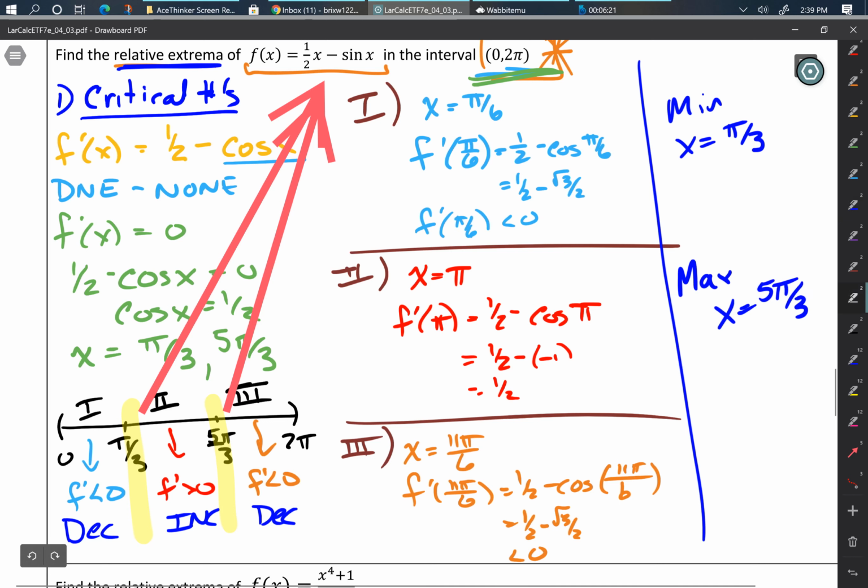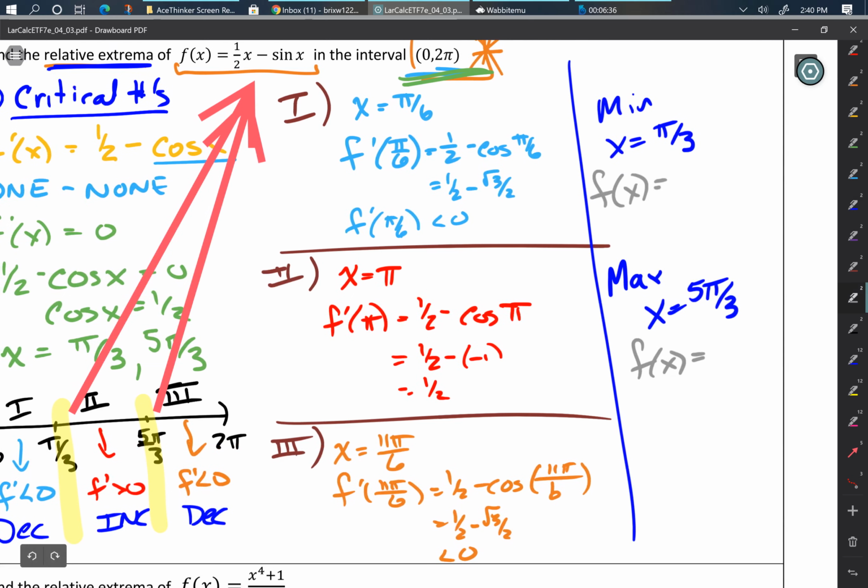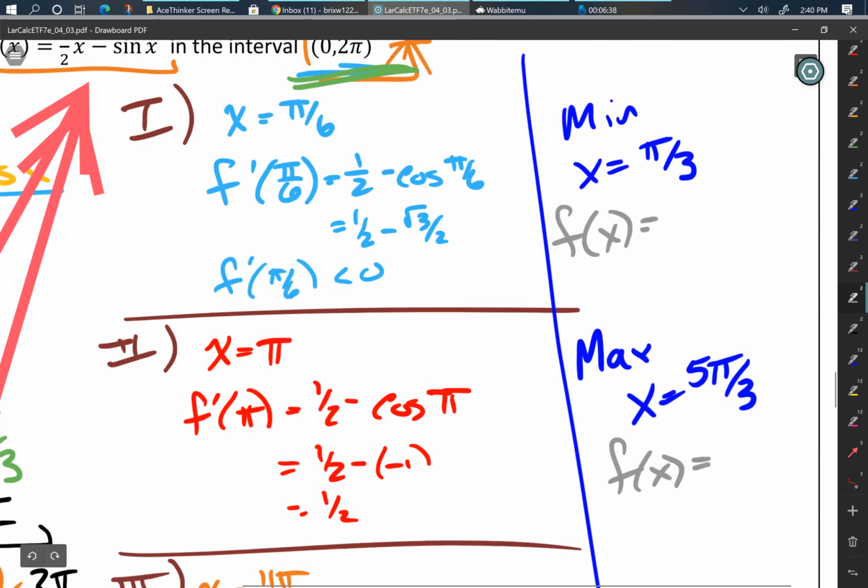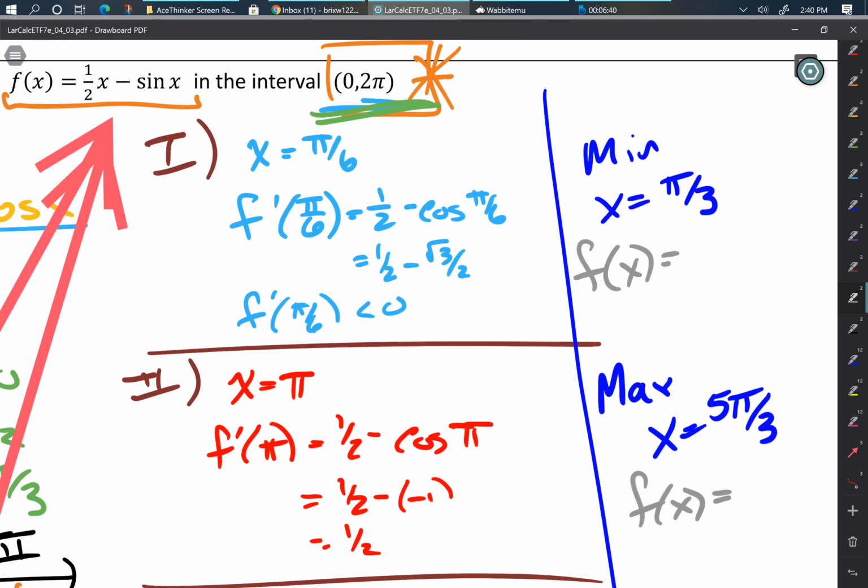Right? But to talk about the extrema, we don't just need the x's, we need the y's too. We need the f of x. We need the y value at pi over 3. So the y value at pi over 3 is simply going to be: take that x value, put it into the original function, and see what you get.